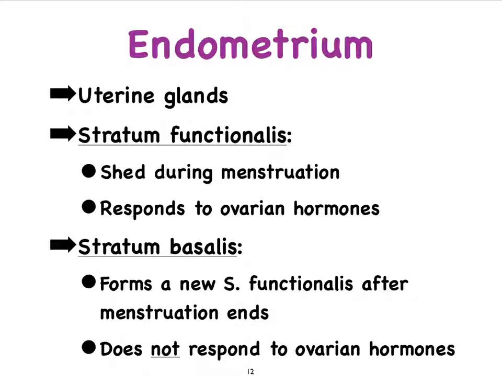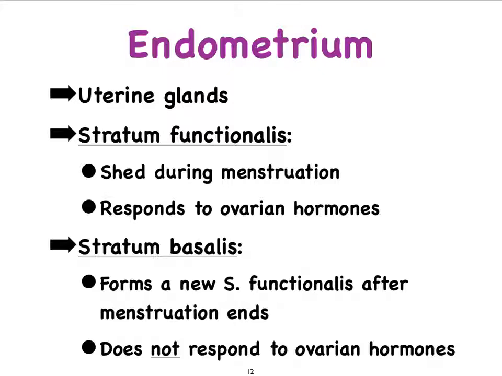We're going to just focus on the endometrium because the endometrium is the layer that builds up and sloughs off every month and creates the menses in a fertile female. In addition to that, in the endometrium, uterine glands develop and secrete secretions that can help with the development of the embryo.